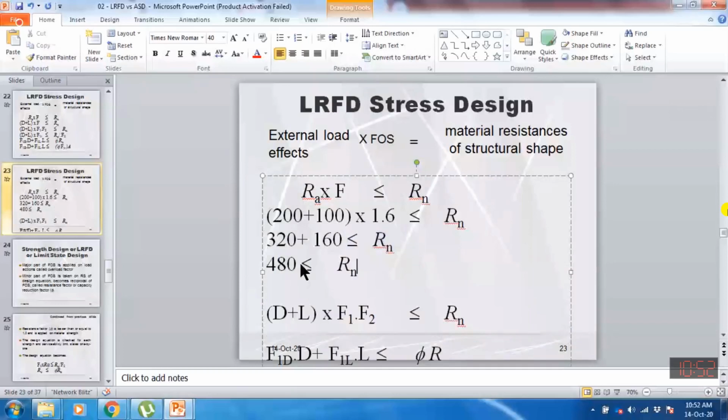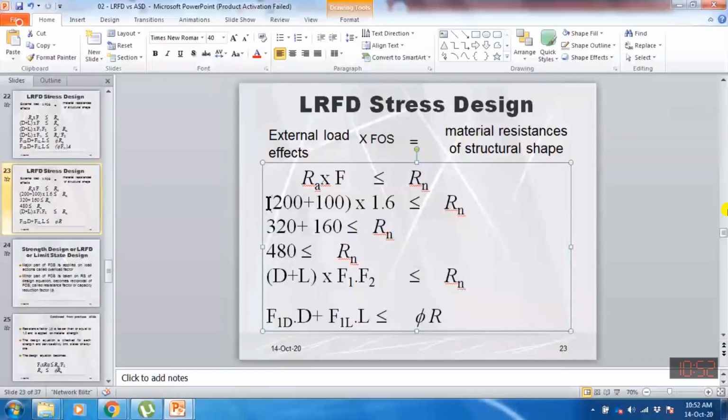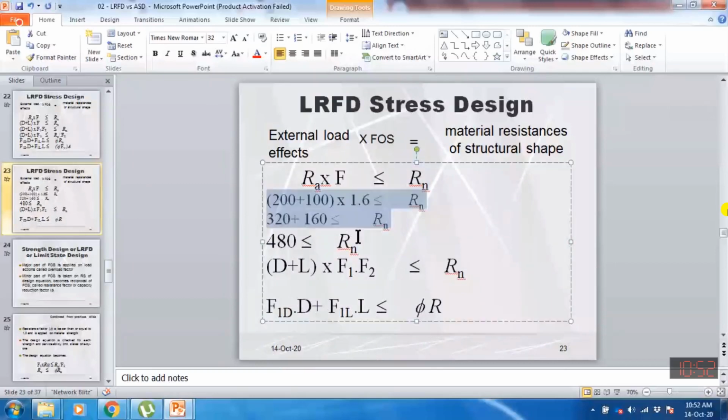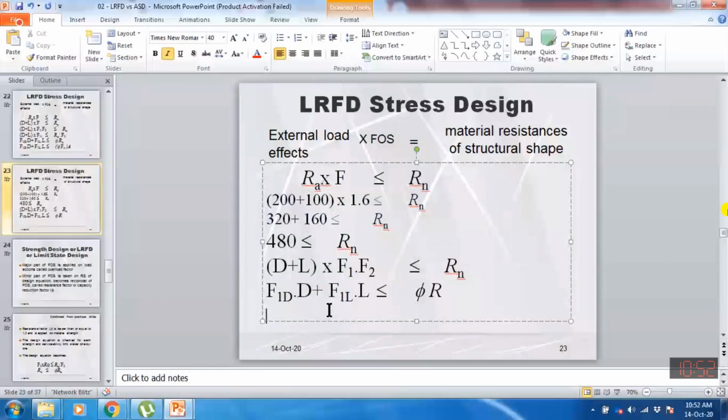If I have considered the same load, but here, if I'm using this LRFD method, in this case I have to use 1.2, maybe multiply by 300, plus 1.6 multiply by 100.